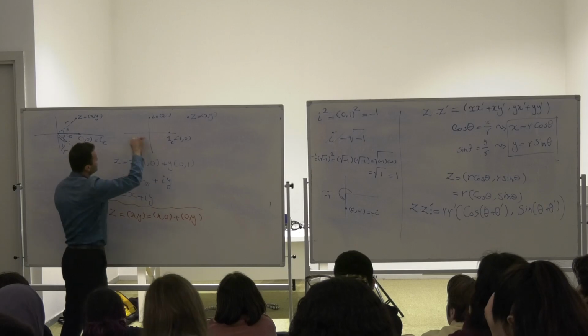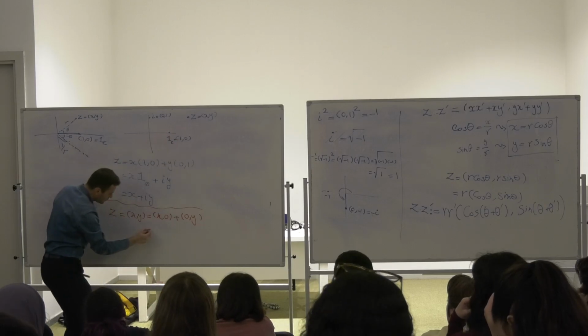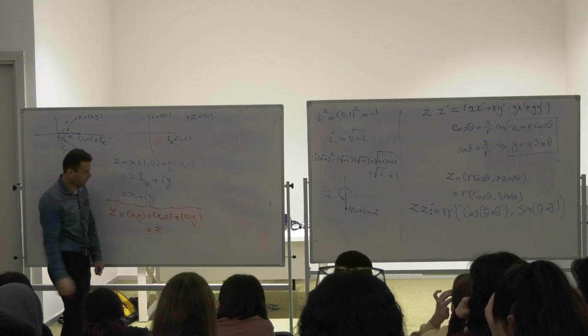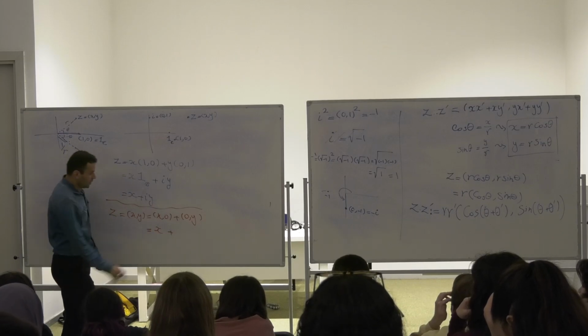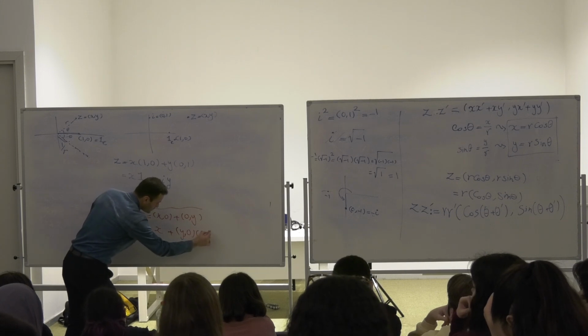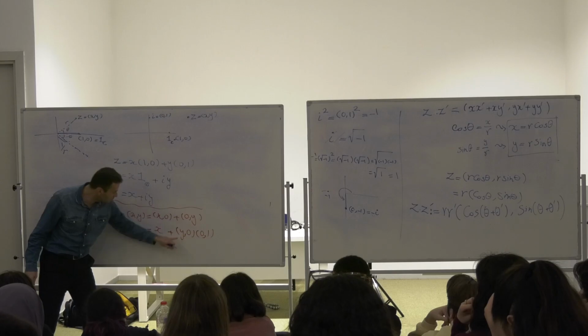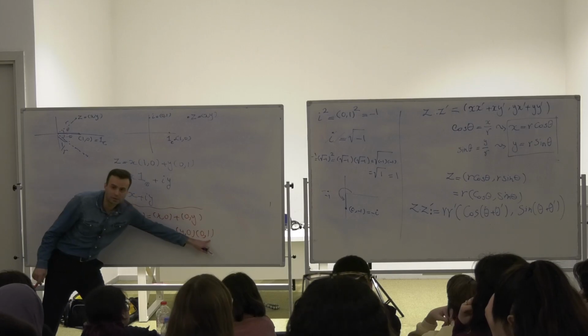And the x-axis, this was behaving like the real numbers. So I can show this with this real number x. Plus, there is a trick here: I'm writing this complex number 0y as y0 times 0, 1.